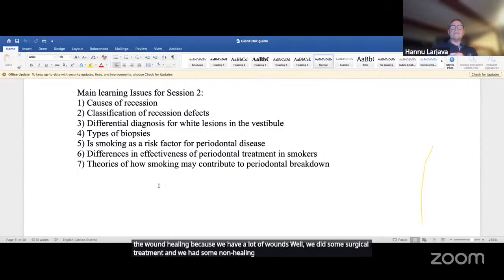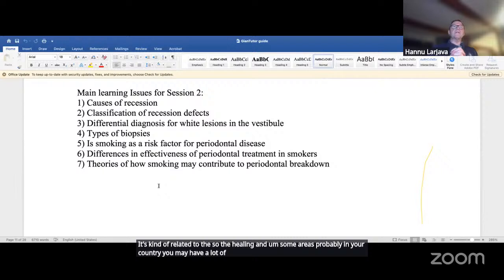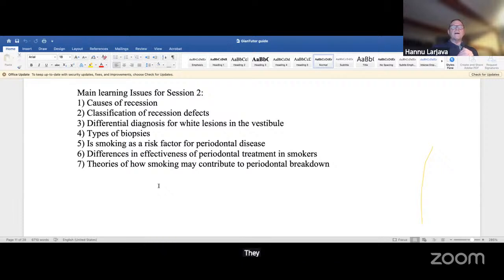In some areas in your country you may have a lot of diabetics and a lot of smokers, and they can come with those two together, and they compromise what we can do and how we manage the case.